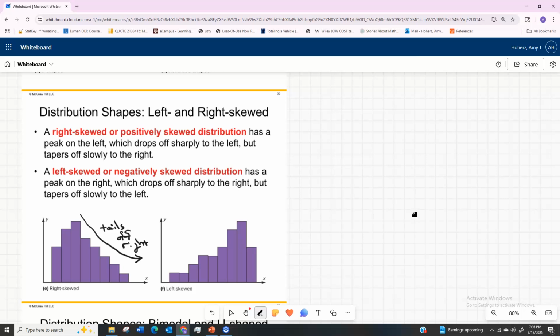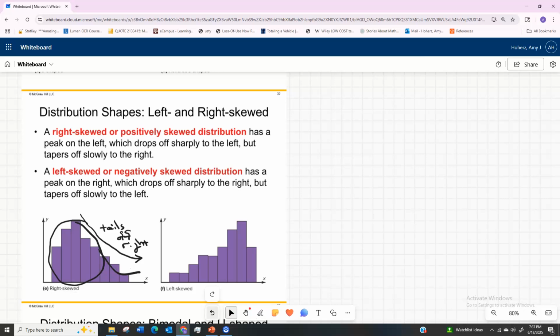Think of it as an animal, a big dinosaur. This is the dinosaur's body, and this is their tail. We're talking about the tail when we're talking about which skewedness it is. So this is right skewed because it tails off to the right.